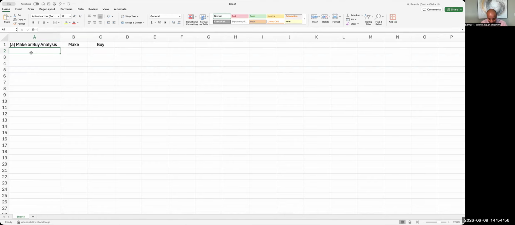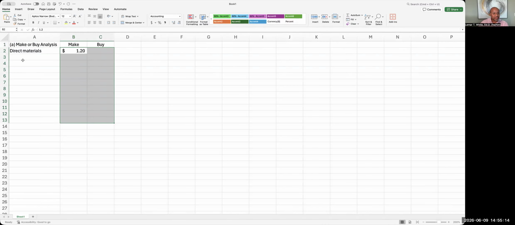The question tells us that to make this, we have direct materials, and those direct materials are $1.20. I'm going to make these dollars. It told us that there are direct labor costs.